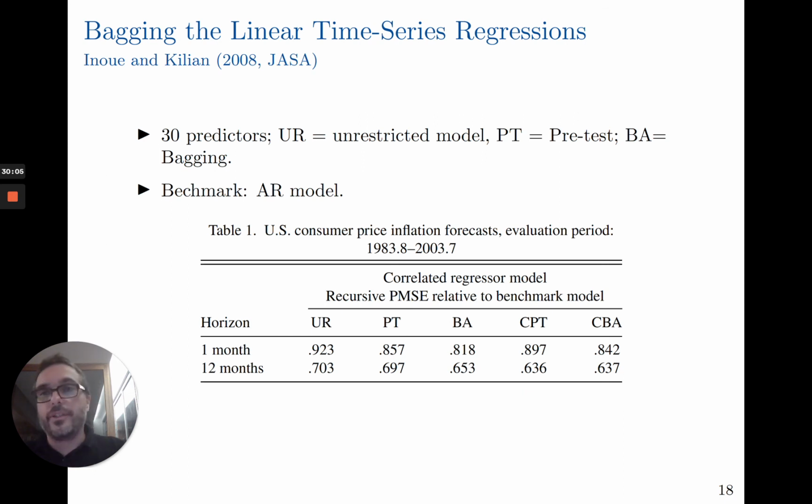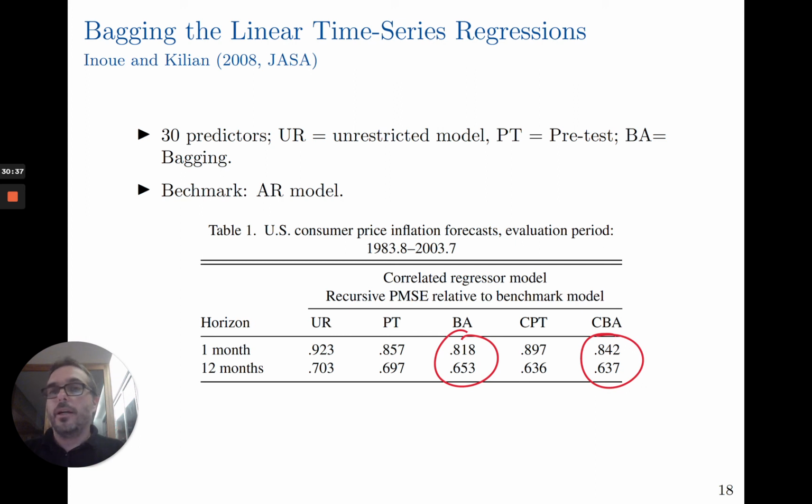The authors have this paper in JASA, and basically what they show here is that the bagging estimators, in terms of predicted mean squared error, outperform the other methods. Okay? They are using basically unrestricted forecasts or principal component forecasts, and also doing some pre-testing, but basically bagging helps.